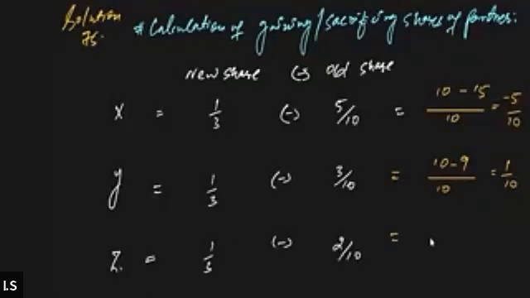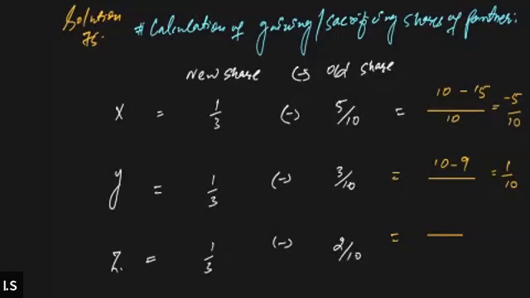And in case of Z it will be 30 and 10 minus 6, that is 4/30.